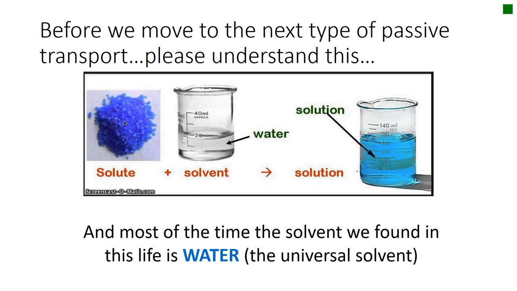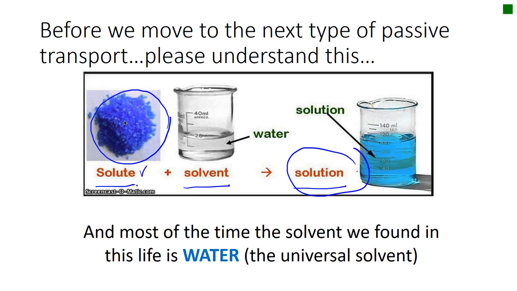So far, we have talked about simple diffusion and facilitated diffusion. Before we go to the third type of passive transport, I need you to understand this. Maybe for a chemistry student, you already know about this: solute, solvent, and solution. Solute is something that you put into the solvent, most likely water, so that it will be dissolved to create a solution.